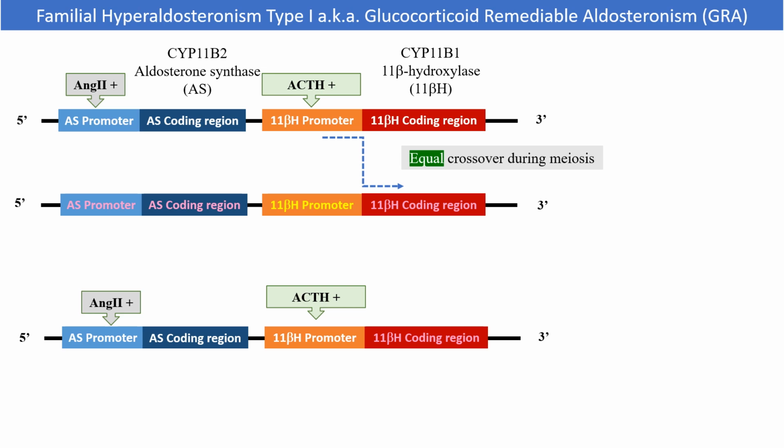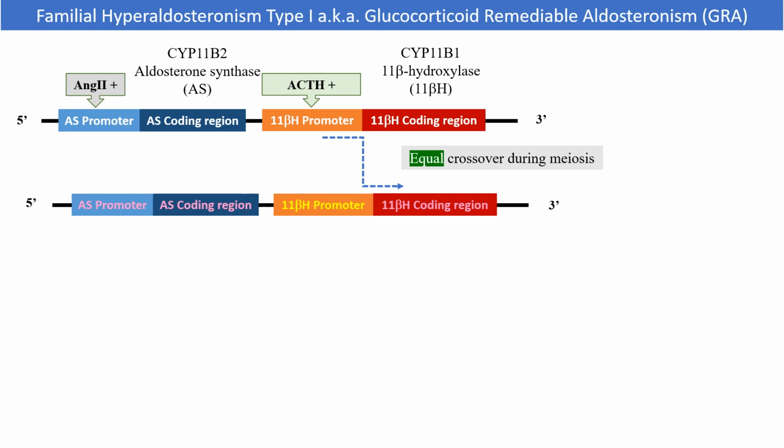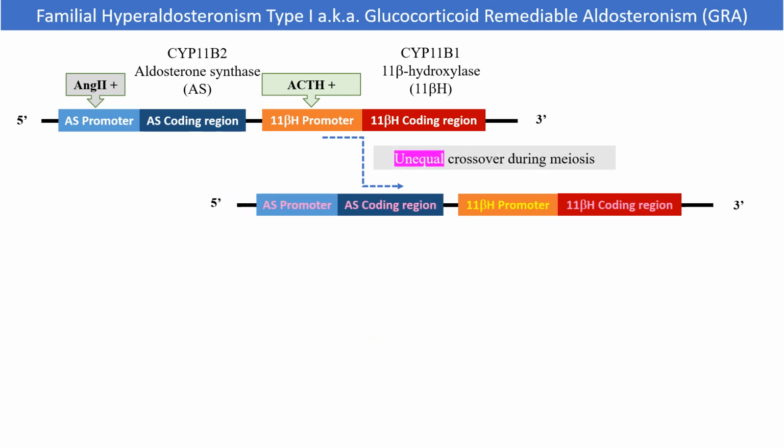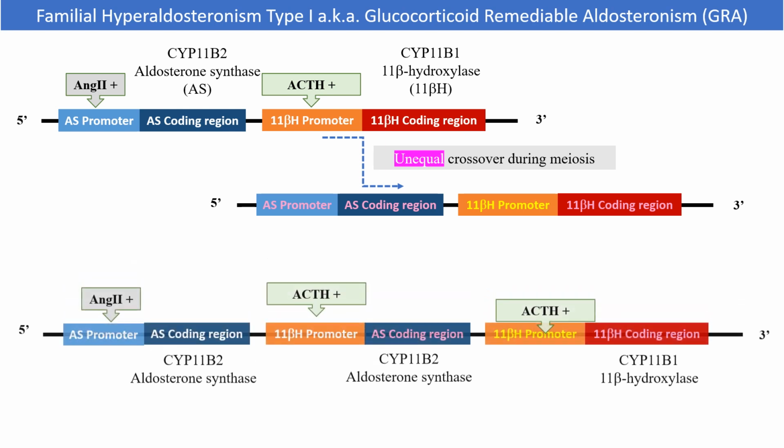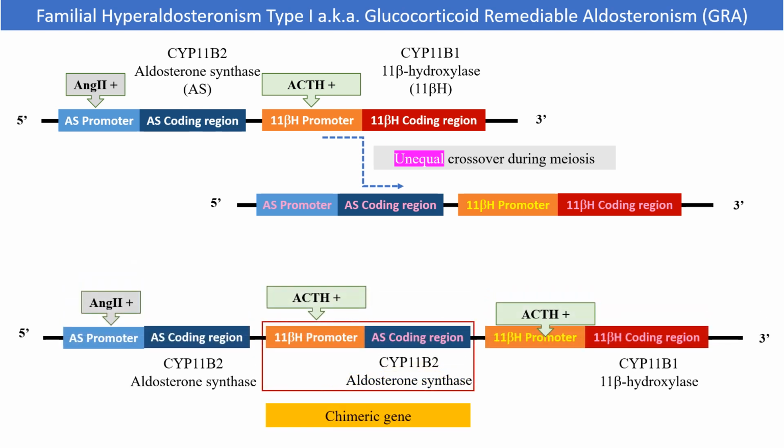In patients with GRA, there is unequal crossover of genes that results in this chimeric gene, where the 11-beta hydroxylase promoter is now linked to the gene encoding aldosterone synthase. What this means is the transcription of aldosterone synthase is now promoted by ACTH instead of angiotensin II.